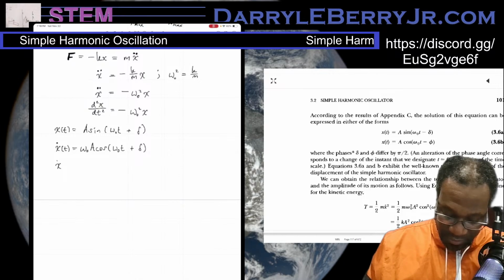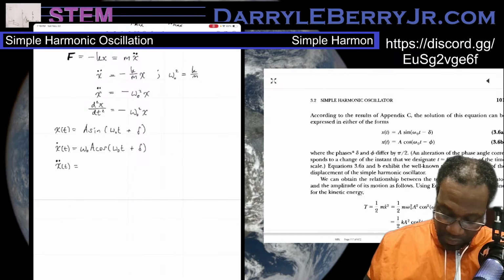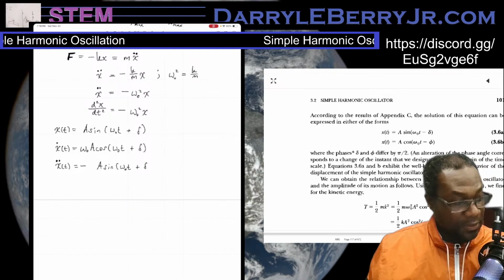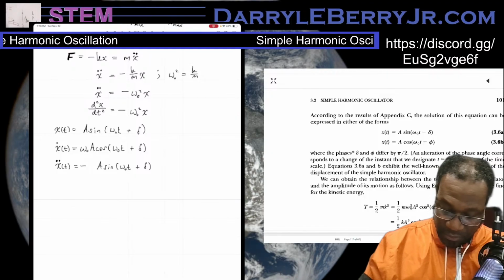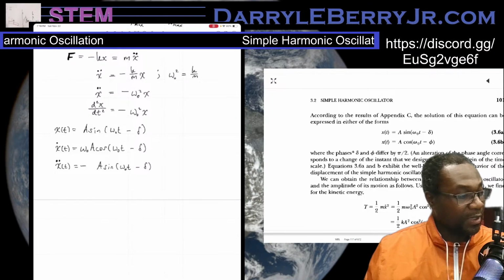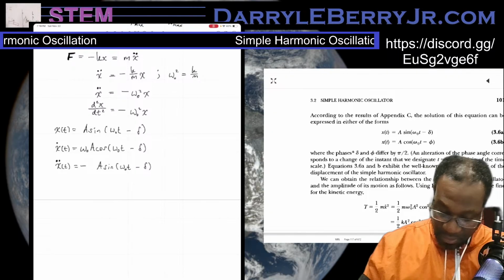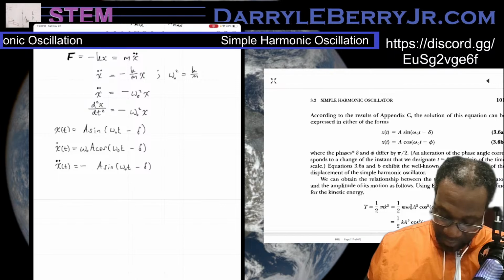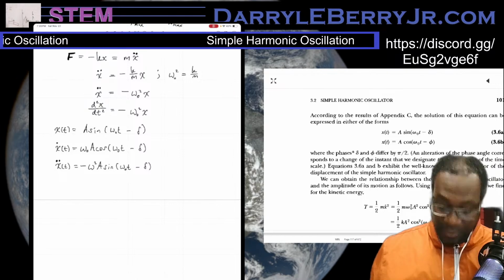Then we can take the second derivative, which is going to be negative A sine of omega naught t plus, actually let's do minus on that, like in my example. And then we take another derivative of the inside, which gives omega naught squared, since there was already one there.